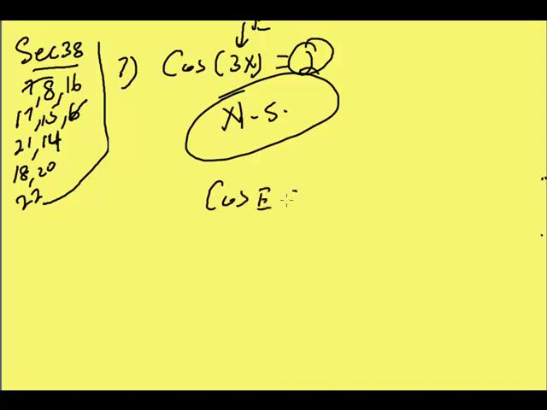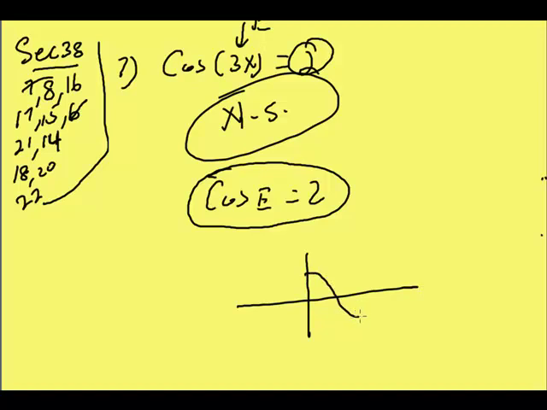Cosine of Emma has to equal 2. That's never true. Because this cosine function will always be like that, the most it's going to be is 1, the least it's going to be is negative 1.